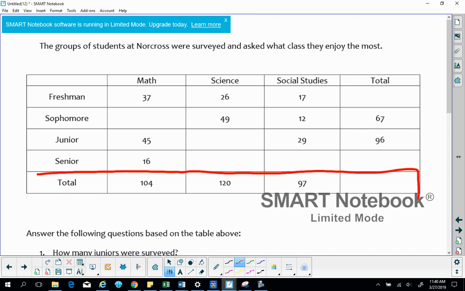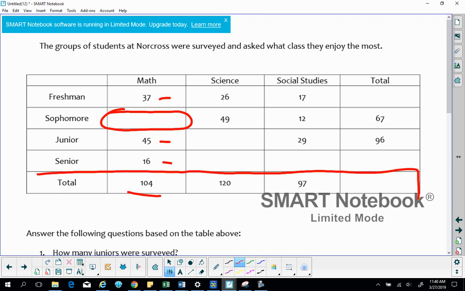The first one, easiest to find, is probably this one, right? If the total of this row is 104, and here's one of them, here's the other, how do I find the missing piece? You subtract all that. Beautiful. Did everyone hear what Jeremiah said?